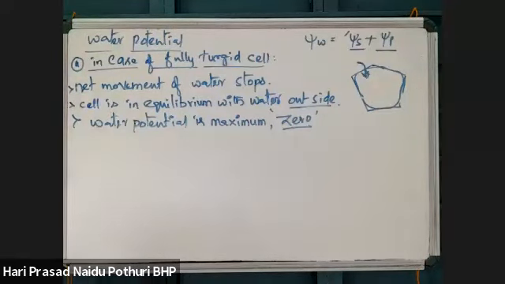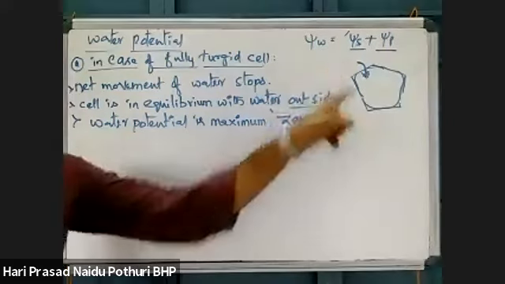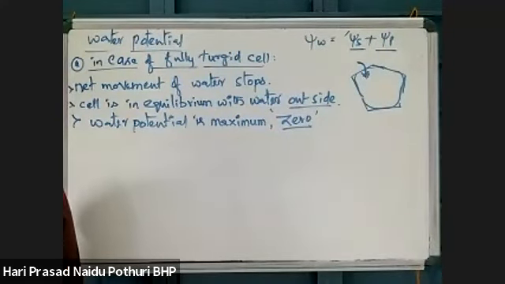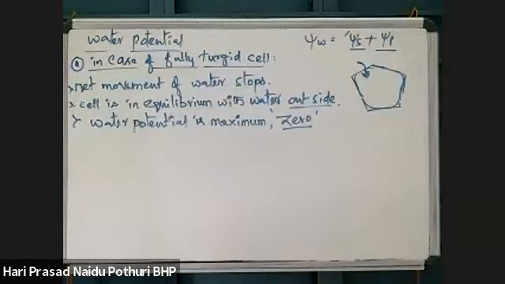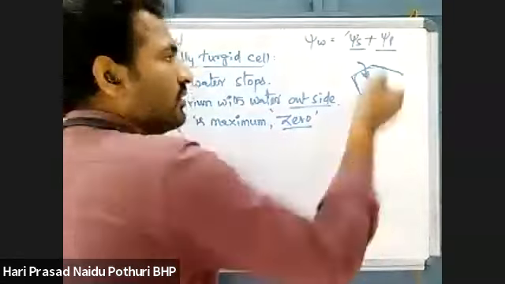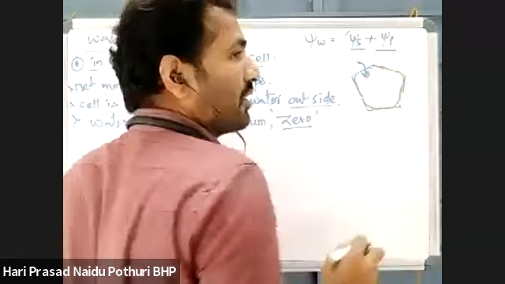Maximum water will be entering the cell. Okay, that carries maximum water potential. See here, the pressure potential and the turgor pressure. Turgor pressure means the pressure by which it is taking water. They become equal, but they are in opposite side.